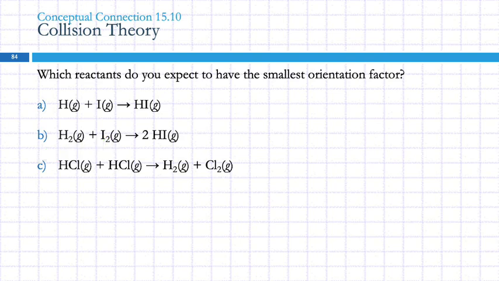There's going to be some orientation issues, but one end of each molecule is the same as the other end of that molecule. But here we have HCl, and we either need the hydrogens to run into each other or the chlorines to run into each other, depending on the mechanism. And so that's not going to happen as much. So that's the smallest orientation factor.